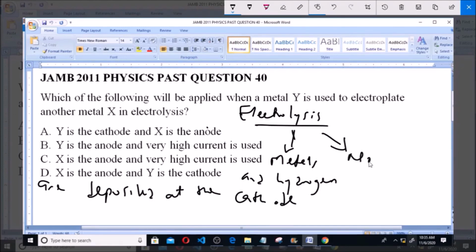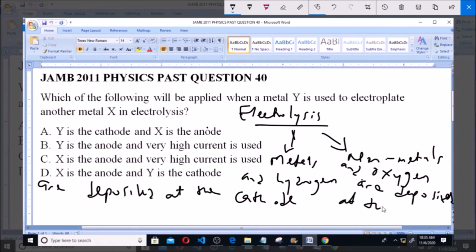Meanwhile, non-metals and oxygen are deposited at the anode. Okay, so this then means that for this scenario that is given to us, since Y is used to electroplate another metal X, it means that Y is the anode.